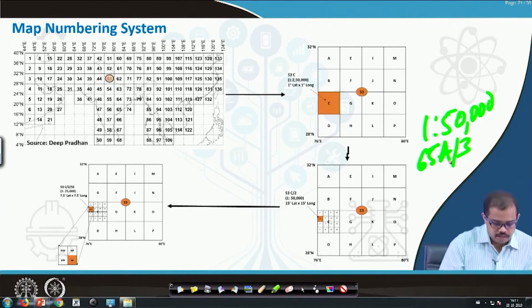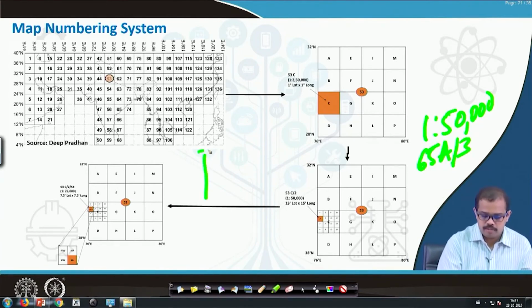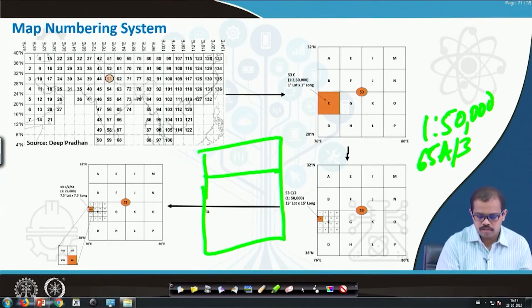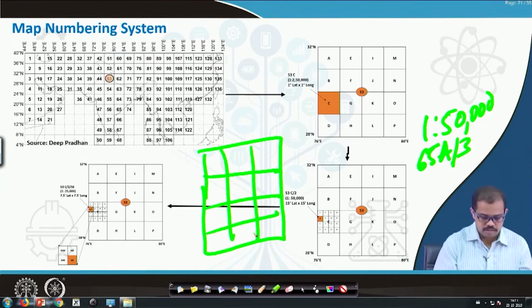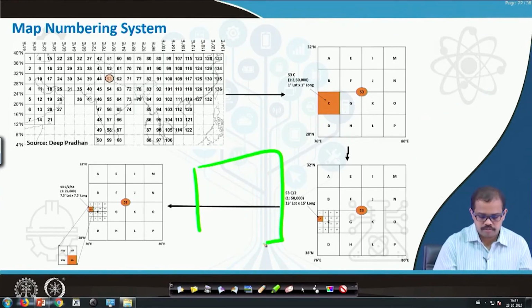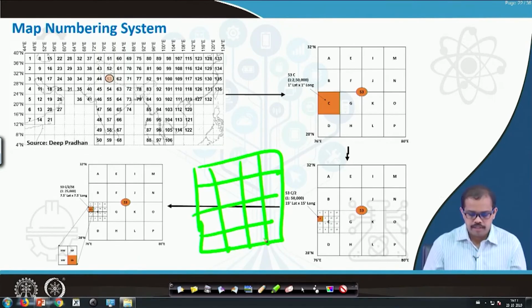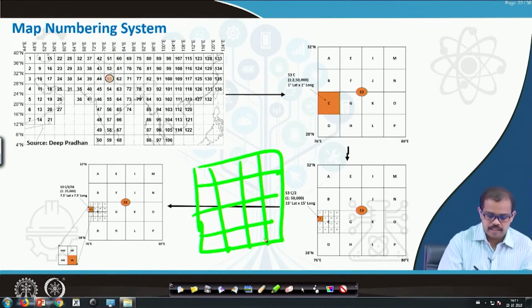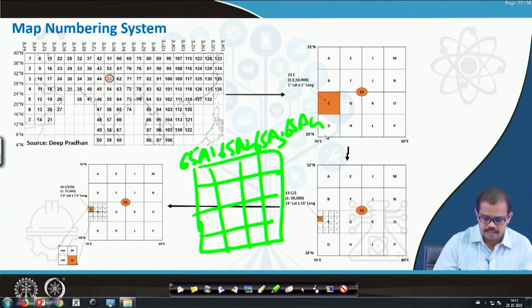So someone has already selected a map which is a 1 is to 50,000 map. If you look at that particular map, let me take 16 boxes: 65A1, 65A2, 65A3 and 65A4 until 65A16.